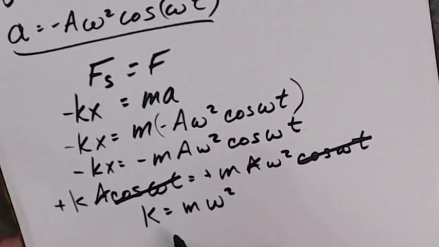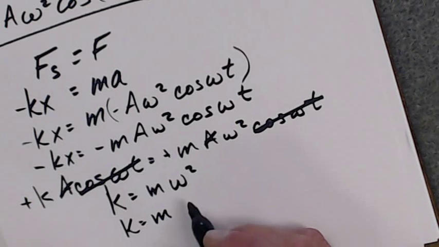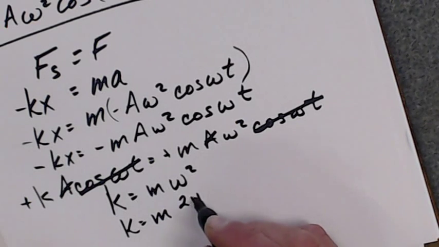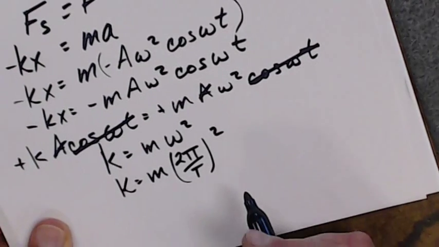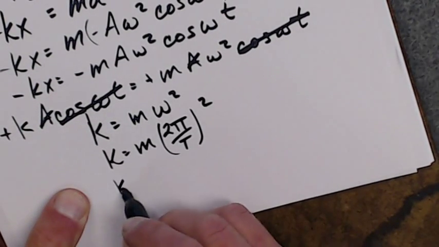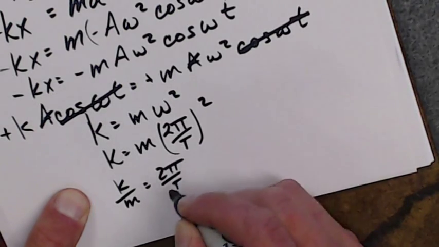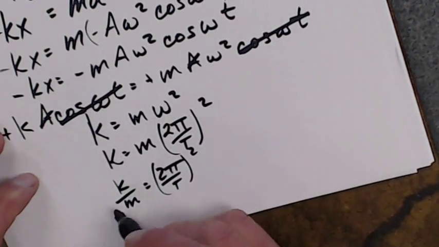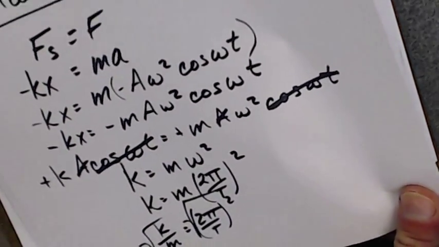So we end up with k equals m times 2 pi over the period, squared. So now let's keep going. We're just about done. k over m equals 2 pi over the period squared. Take the root of both sides. What do we end up with?